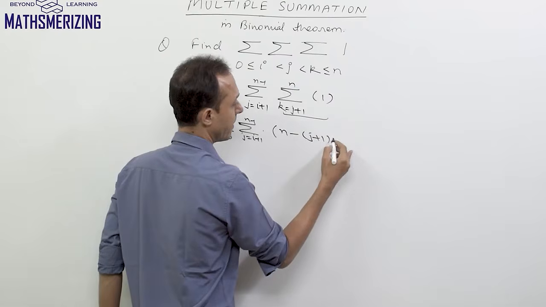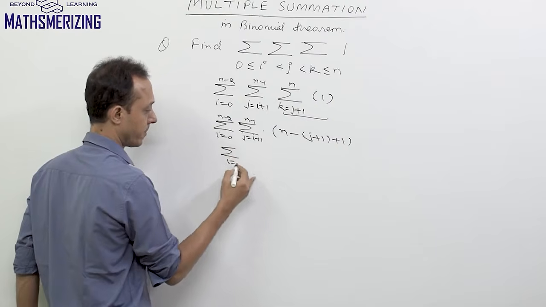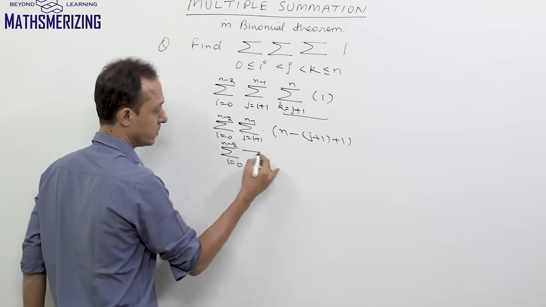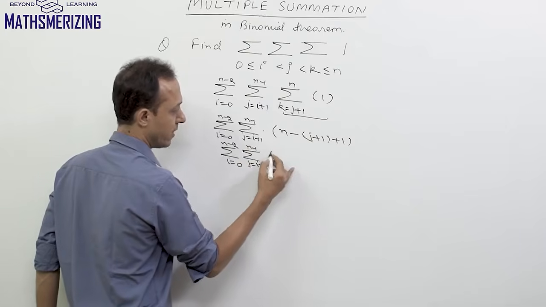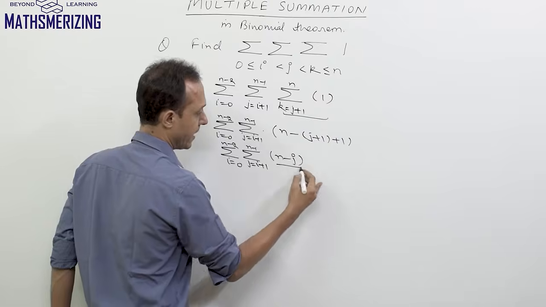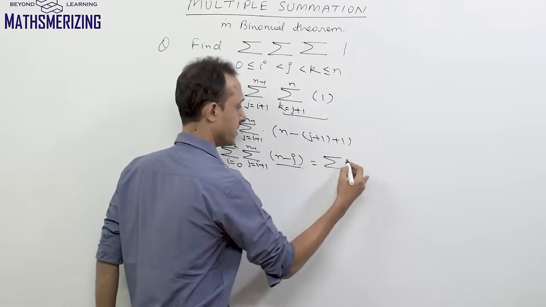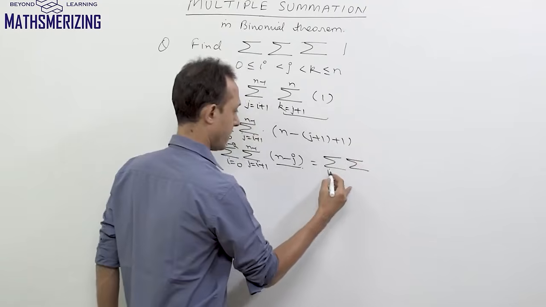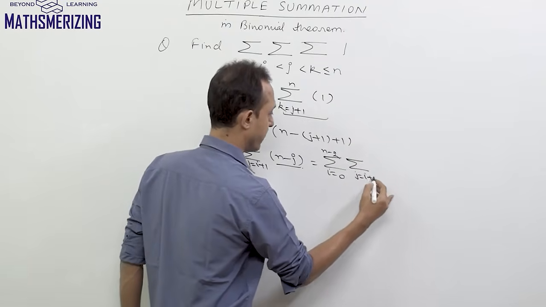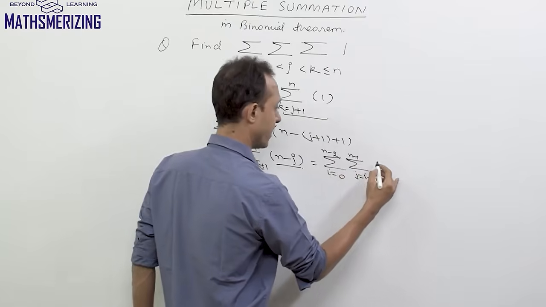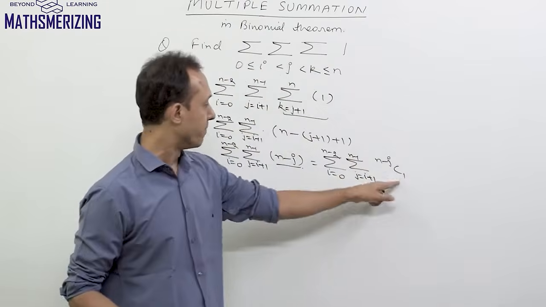So that should be summation i varies from 0 to n minus 2, j varies from i plus 1 to n minus 1, and it should be n minus j. I can also express it as summation i varies from 0 to n minus 2, j varies from i plus 1 to n minus 1, and then I'll write it as n minus j C1, because I know nC1 is simply n.